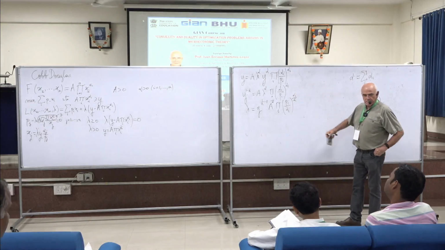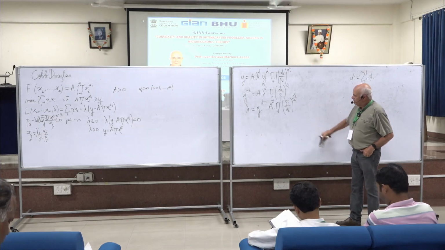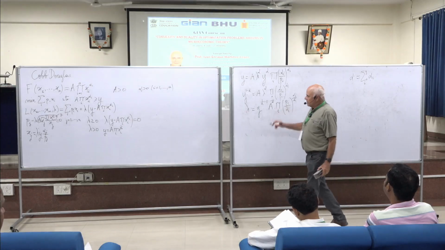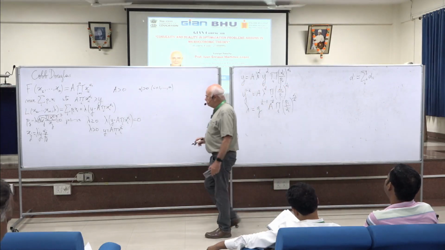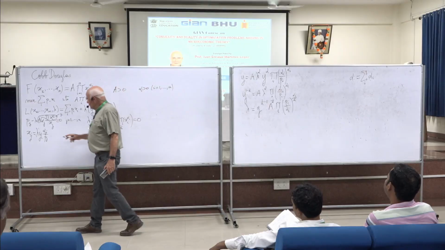Is this correct? So now that I know alpha and lambda, I know xj.